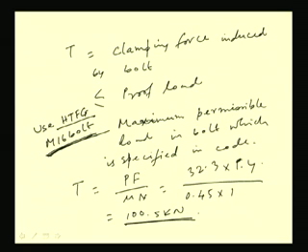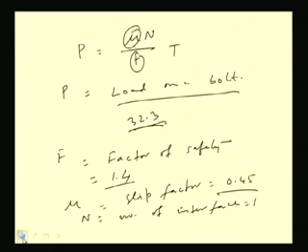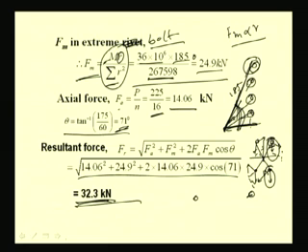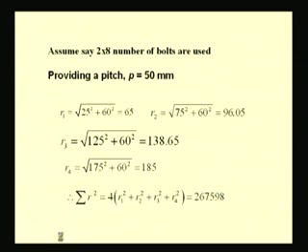So, what we have seen in case of bolt design is the difference in how to choose the diameter of the bolt and how to choose the number of bolts. In case of rivet, you can choose the diameter of the rivet, then we can find out the number of rivets. But in case of bolt, first we assume the number of bolts.